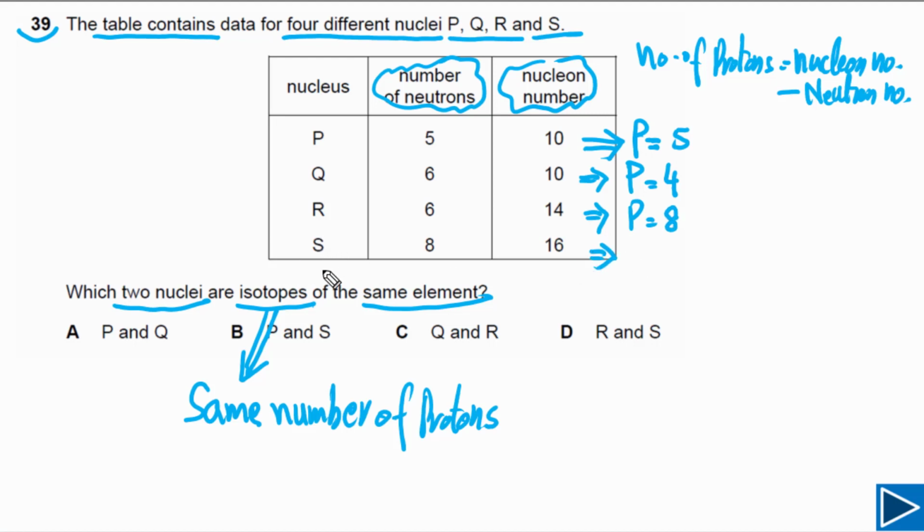But if we go to nucleus S, we have 16 nucleons and the neutron number is 8. So the number of protons is 8. Isotopes have the same number of protons. So R and S have the same number of protons, so these are isotopes of the same element. So our answer is D.